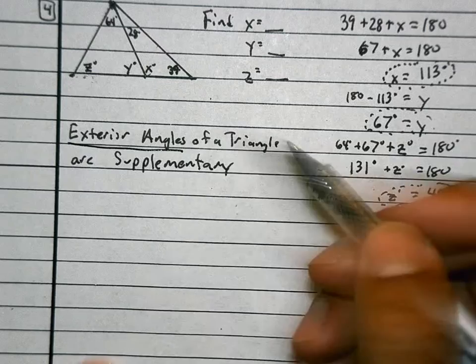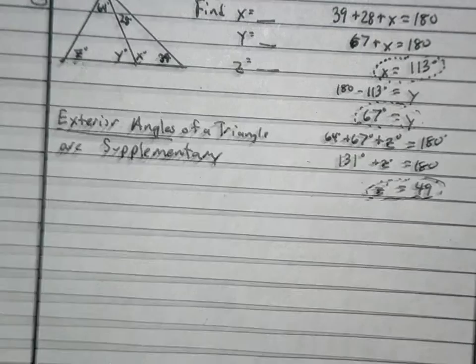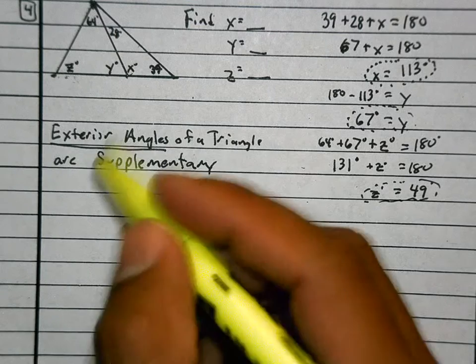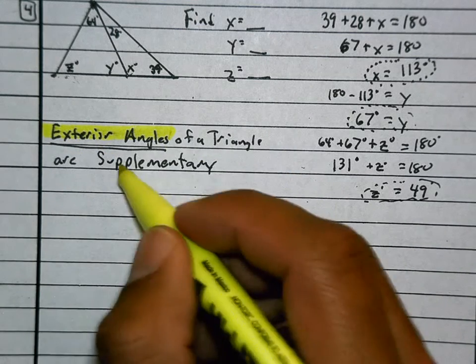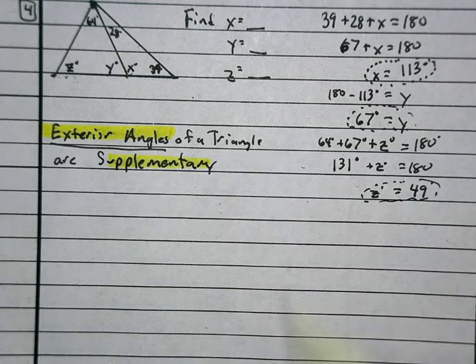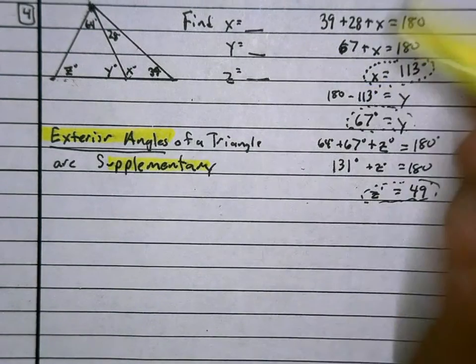Underline that word. Let me get my highlighter too. Exterior angles of a triangle are supplementary. That's our key word. The sum of all three angles of a triangle equals 180. Let's do that.